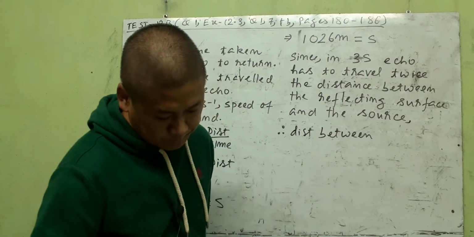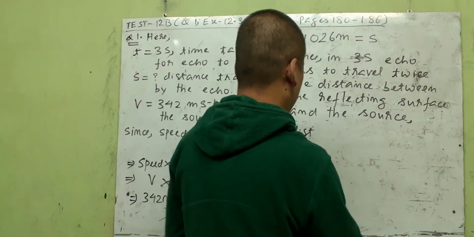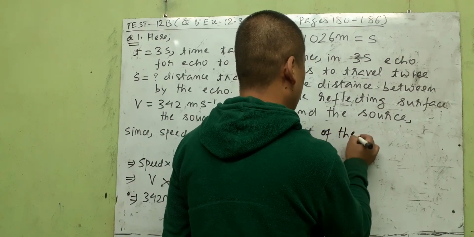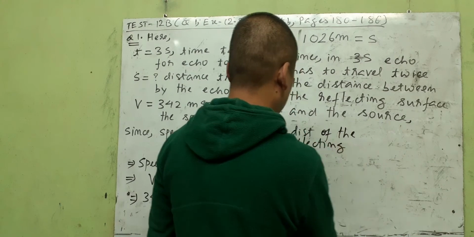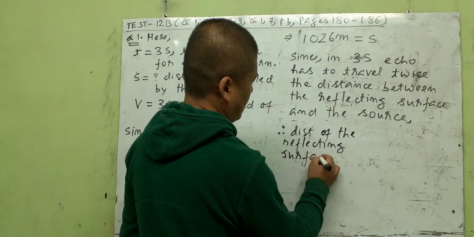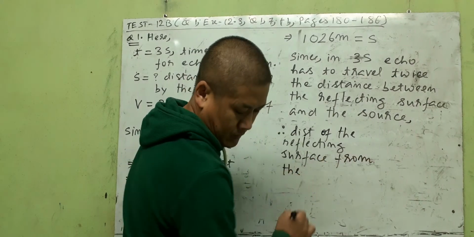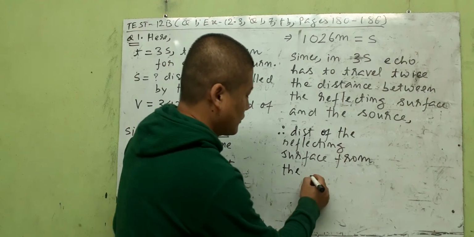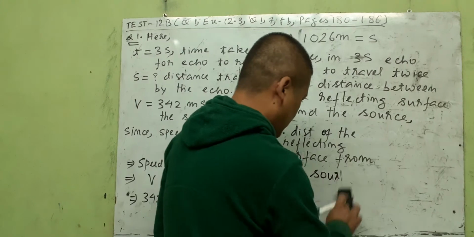Okay, distance of the reflecting surface from the source, like the textbook language. So just think for a moment, it's quite easy.